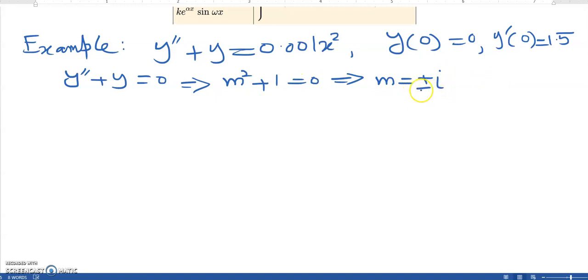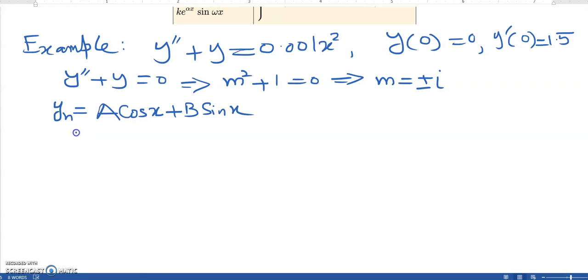It has complex conjugate roots, and we can immediately say that the homogeneous solution will be in terms of cosine and sine. So it will be a cosine of x plus b sine of x. We already know very well how to find the homogeneous solution.